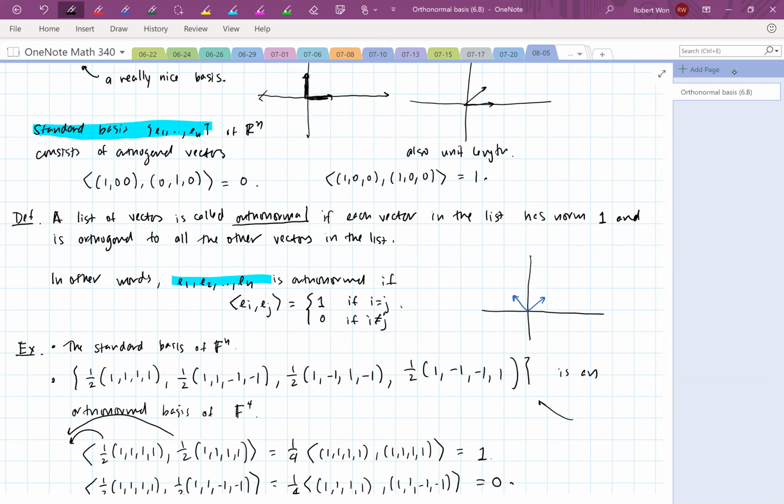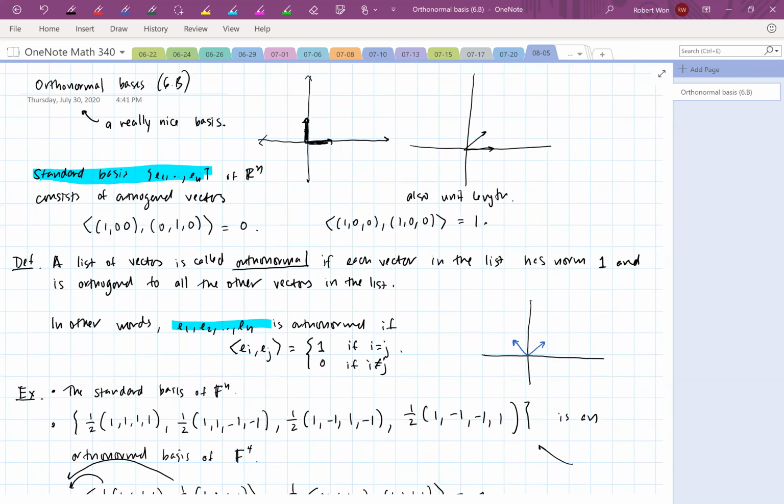Okay. And like I said, the point is that orthonormal bases are very, very nice bases. So we're going to see that today. So the first result is if E1 through EM is an orthonormal list in V. So I'm not assuming basis yet. I'm just saying any orthonormal list.